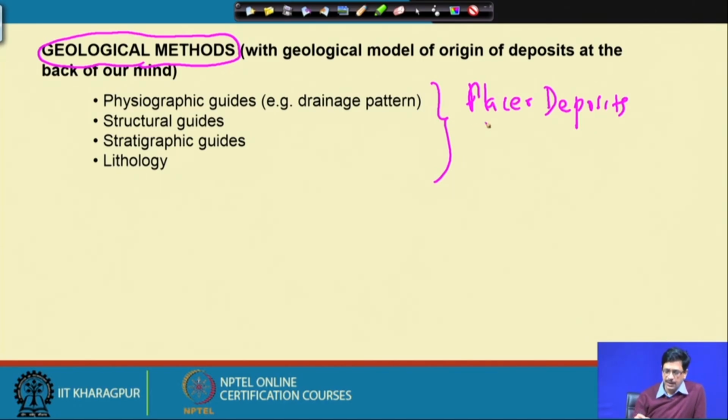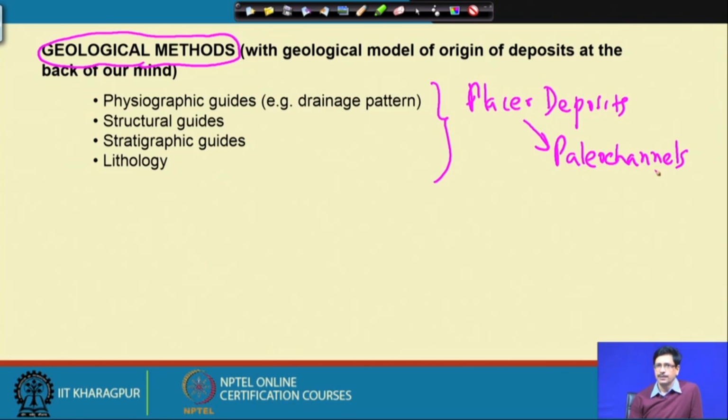So, essentially if we understand that placer deposits can form, and they form in the fluvial cycle, and considering the fact that they sometimes represent point bar type of deposits which form in meandering rivers, then it leads us to the immediate idea that paleo channels or paleo river channels are the ones which should be the obvious targets or the areas which we would be looking for if we are looking for placer deposits.